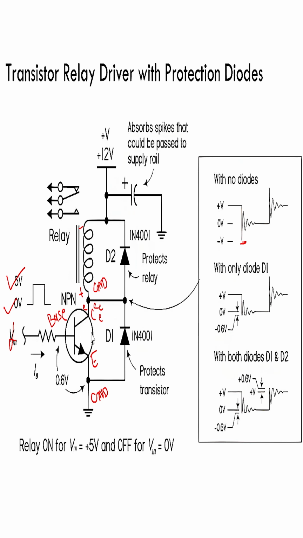So for protecting that, we added a diode. As you know, there is one anode here and one cathode here. The diode only allows current to flow in one direction, like this.